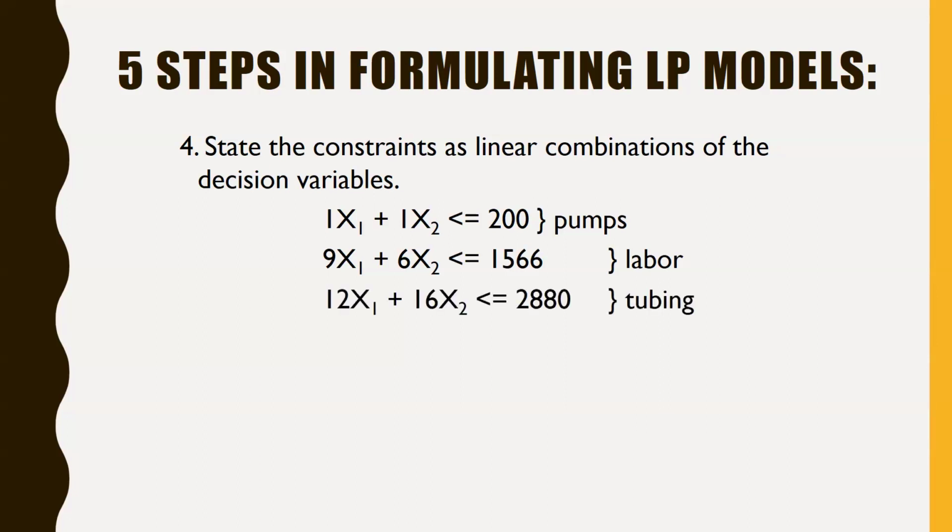And the third condition, tubing length. For an apostrophe, we need 12 feet, and for hydraulic we need 16, but we have the limit at 2,880, so it should be less than or equal to that. We have to optimize based on these constraints.